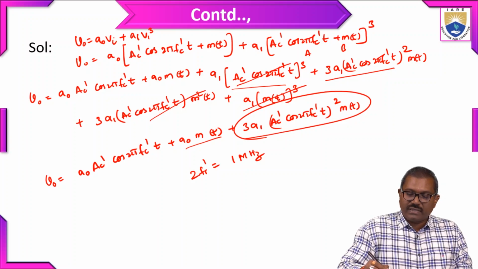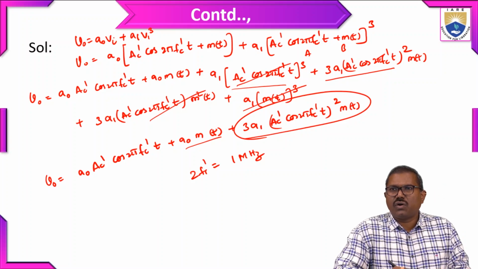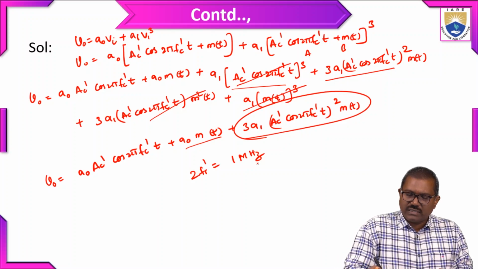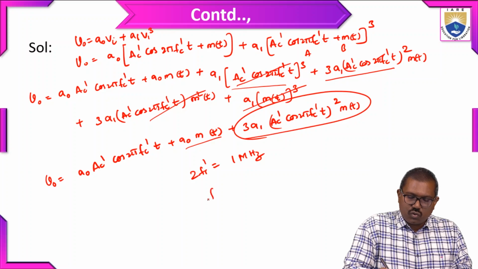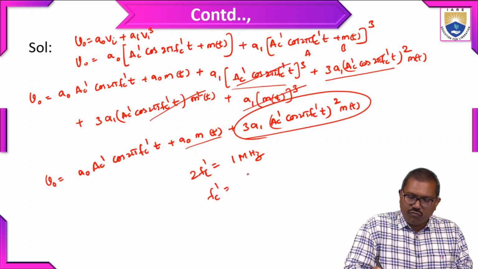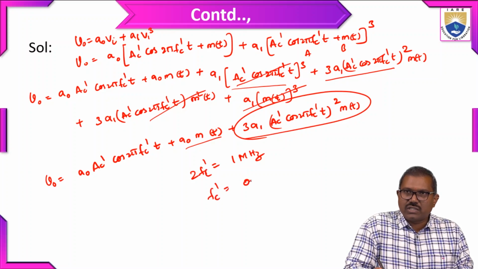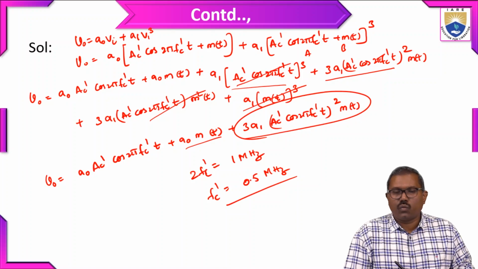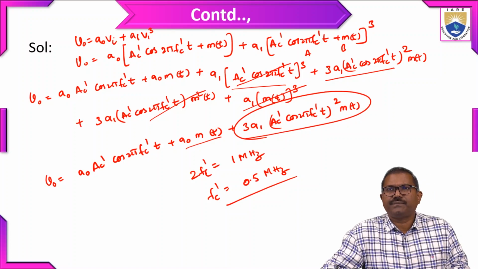So the DSB signal has the carrier at 1 megahertz. So we are going to equate 2 FC dash is equal to 1 megahertz. So FC dash is equal to 1 by 2, that is 0.5 megahertz. So this is what we required.